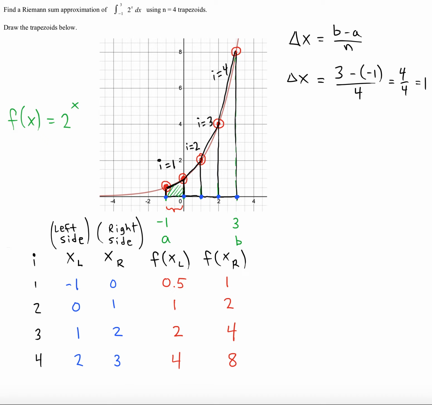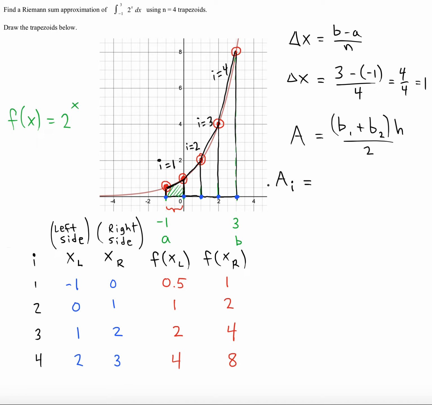Now, if you recall from the area of a trapezoid formula in geometry, the formula is base 1 plus base 2 divided by 2, and then multiply that average by the height. But here, let's just adapt it to our purposes and our variables.